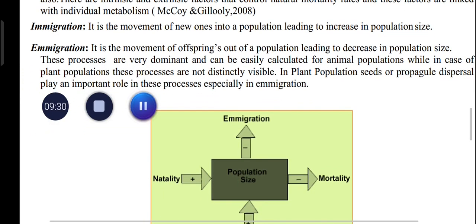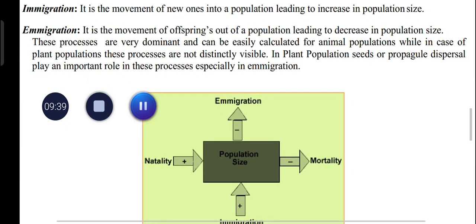Immigration and emigration. Immigration is the movement of new individuals into a population, leading to an increase in population size. Emigration is the movement of individuals out of a population, leading to a decrease in population size.